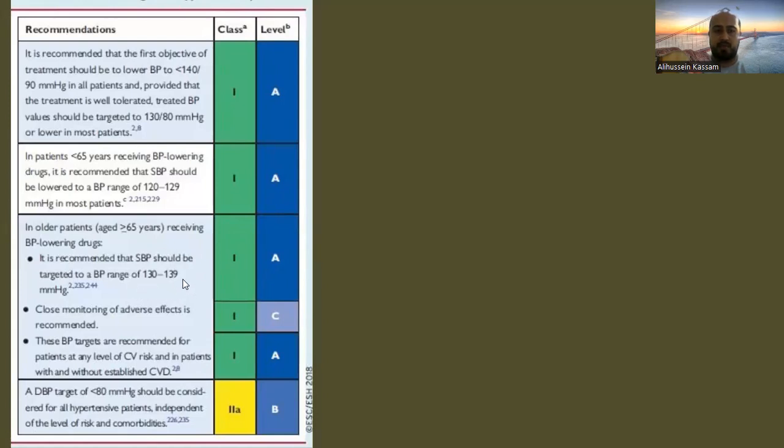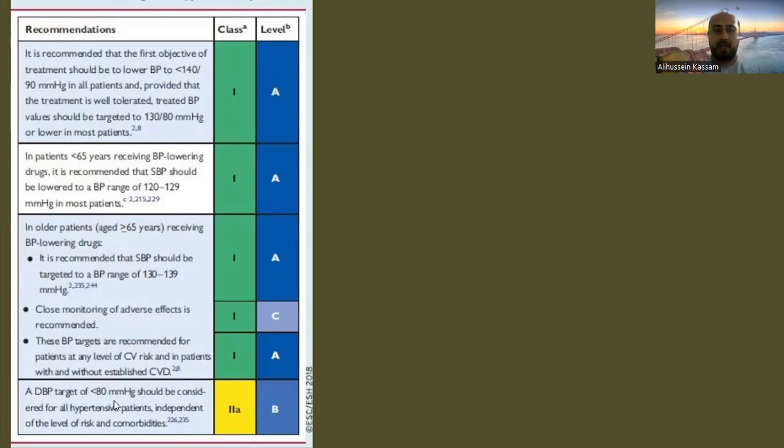This is because they are geriatric patients and can have adverse effects; they have polypharmacy and a lot of other issues, so their target is a little bit higher. Whilst for the young, less than 65, the accepted target for systolic blood pressure is 120 to 129. What about the diastolic? The diastolic is a generalized target of less than 80 millimeters of mercury.